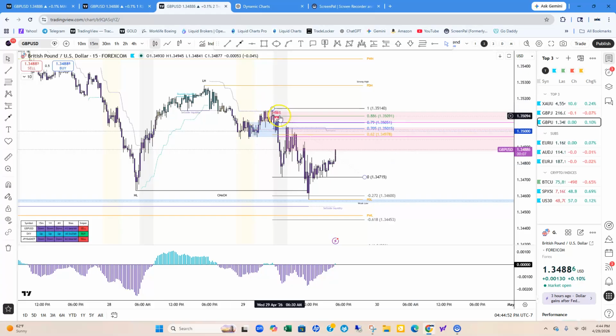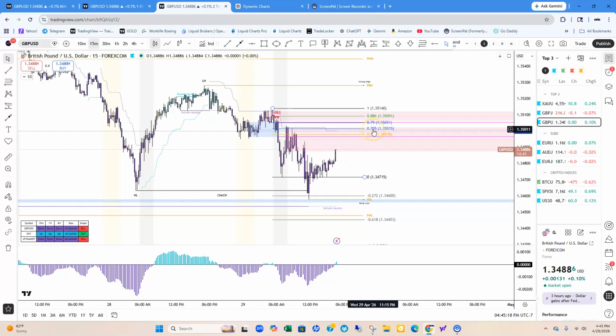And then you want to wait and see price pull back or retrace into, I just have these fibs like the 62, the 70.5, or the 79 fib. Really, we're looking for any type of rejection around these fib areas.